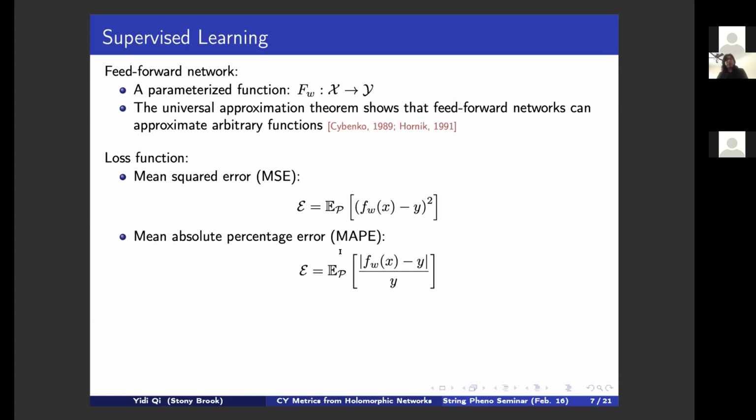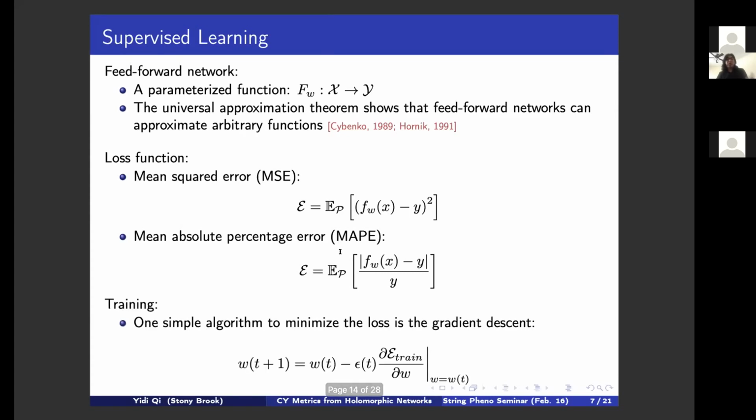Once you have this loss function, you can find some appropriate training methods so that you can update the parameters in the network and get the correct relation you want. One simple algorithm is gradient descent. Basically, you have this large parameter space of the weights, and you start from some random point. You just go along the direction of the gradient until you reach the minimum.